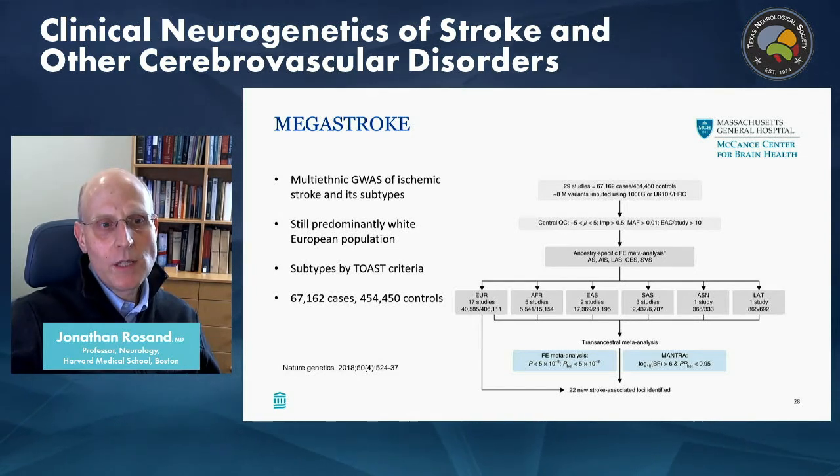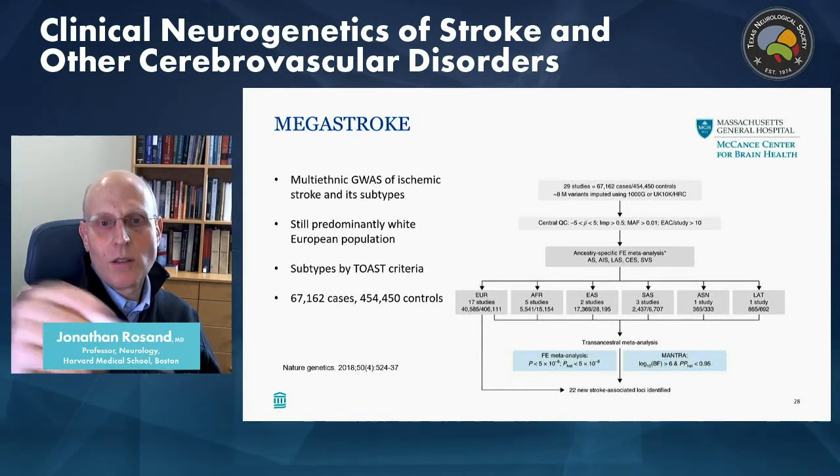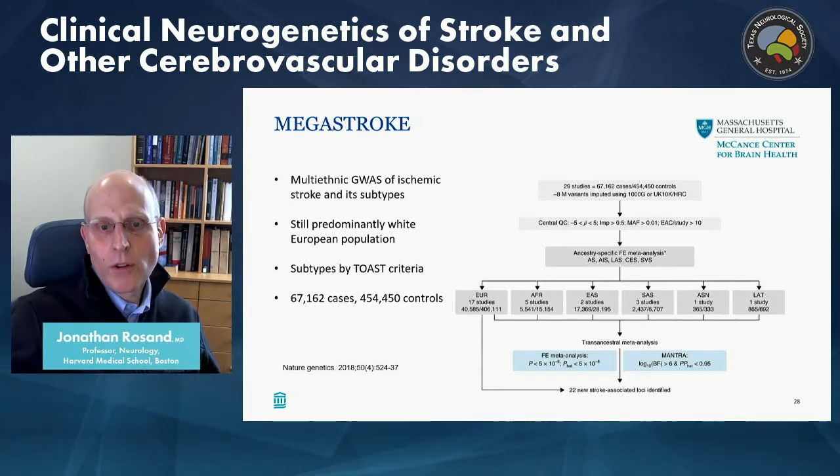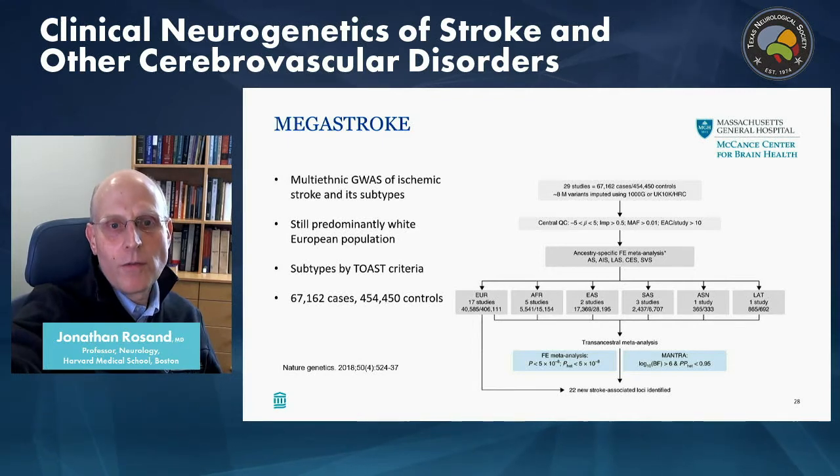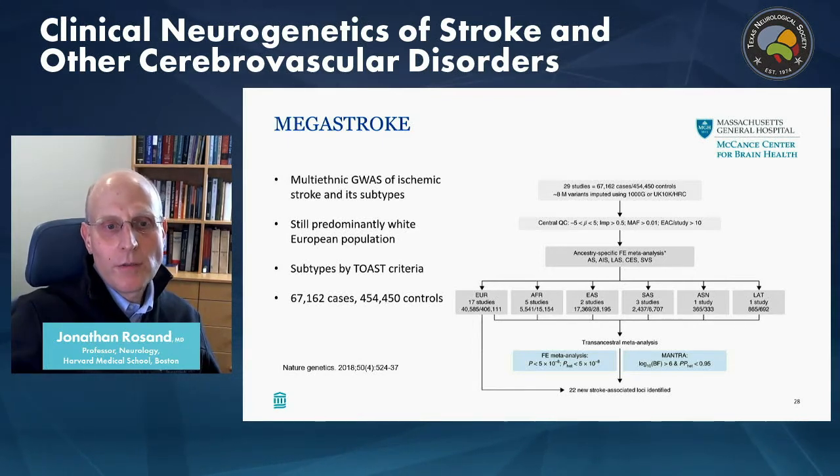But what you see here is that for MEGASTROKE, which was published in 2018, we assembled 67,000 stroke cases and 450,000 controls. To the right is a flow diagram of the quality control process, and the fourth row down shows the different studies representing different ethnicities and ancestries.